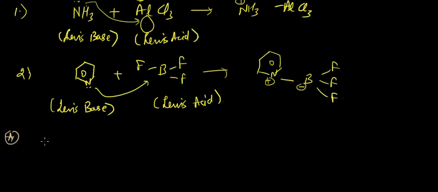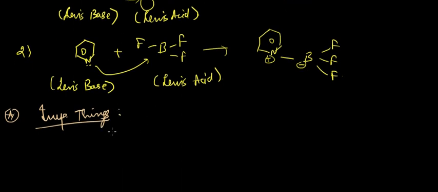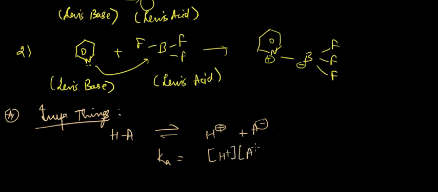Okay, so some things to remember, or let me write it as important things. If acid is donating its proton and becoming a negatively charged anion, then Ka value is defined as concentration of H plus and A minus upon concentration of HA.